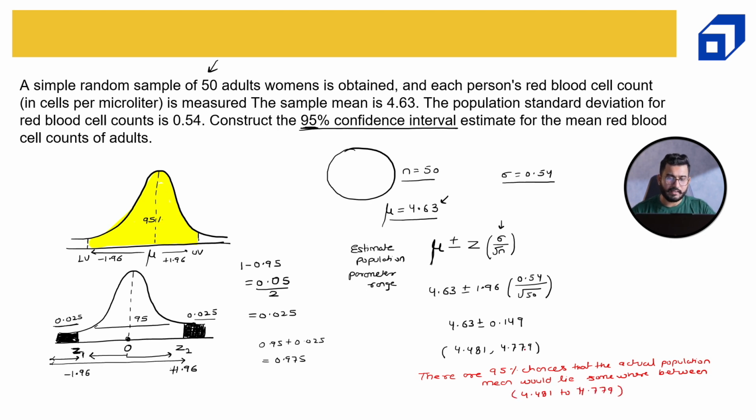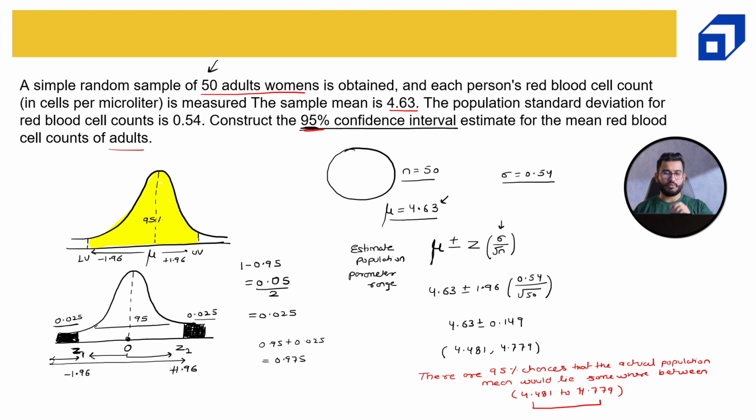So it was asking me to construct a 95% confidence interval estimate for the mean red blood cell count of adults. Right now 50 adult women were taken and their sample mean was 4.63. But if we talk about the complete population of adult women, then this range states that there are 95% chances that the red blood cell count of the complete adult woman population would lie between 4.481 microliters to 4.779 microliters. That is what this range is.